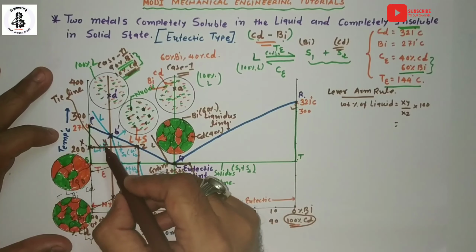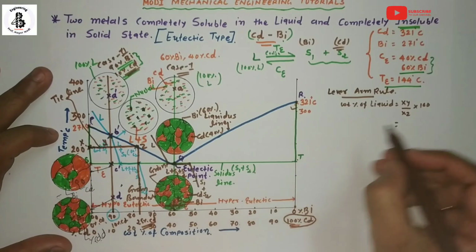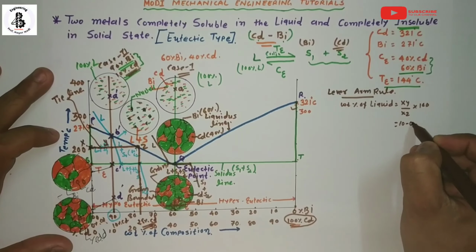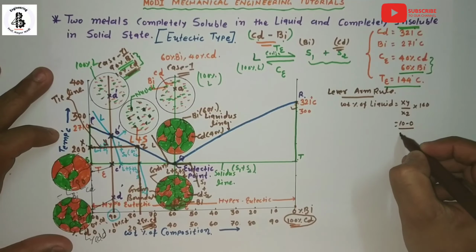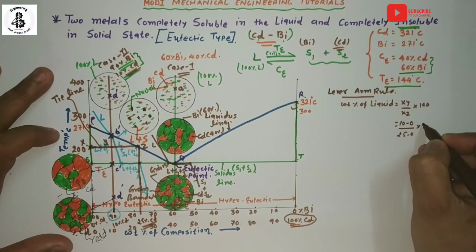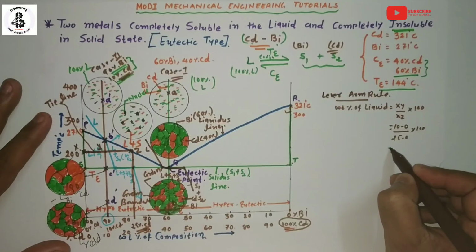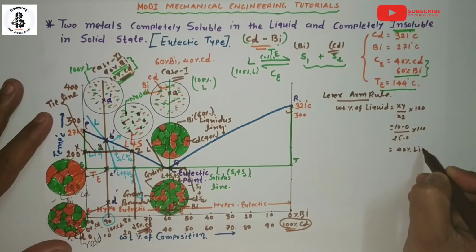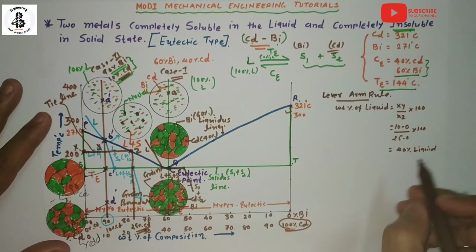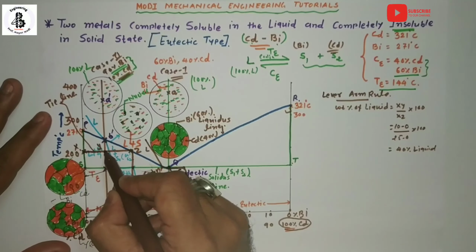So for xy, 10 minus 0, and here 25 minus 0, into 100. So around 40% liquid is present at point y.